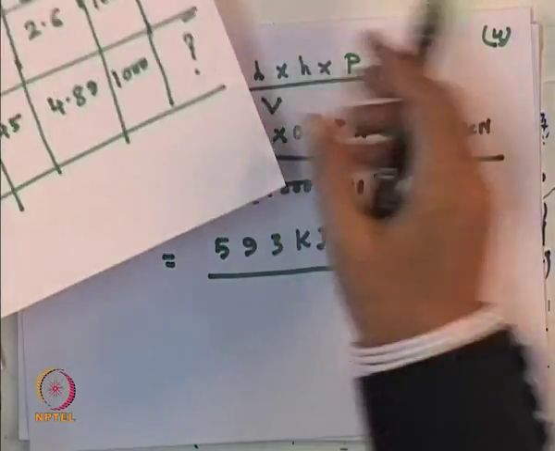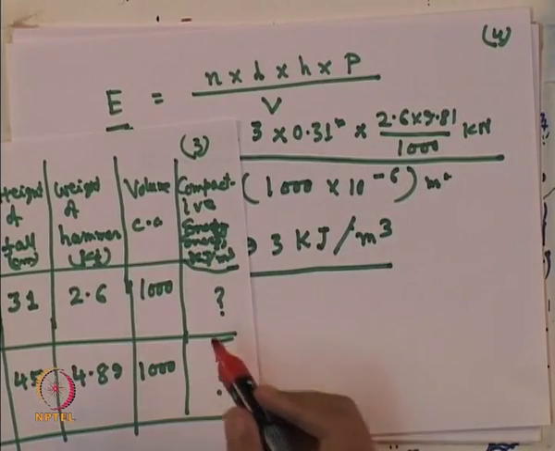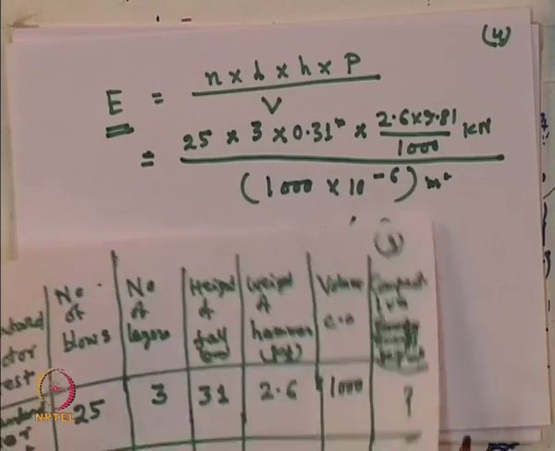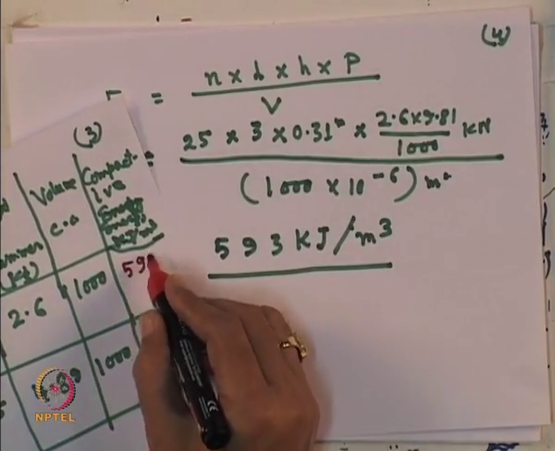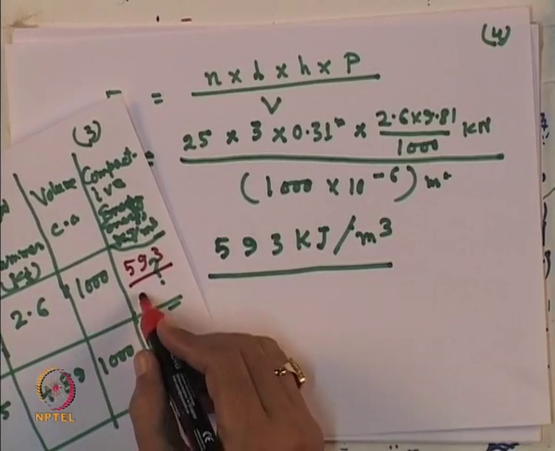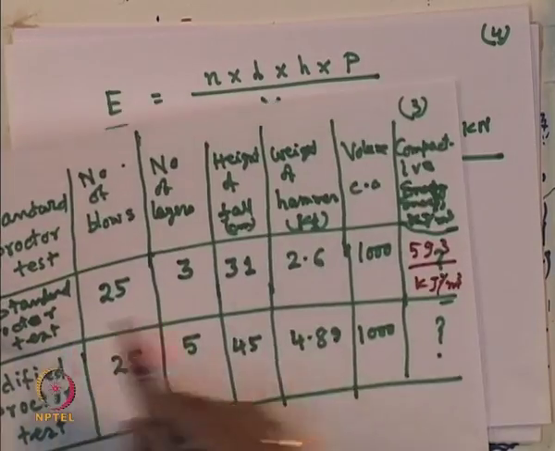So, here you can write 593, that is kilojoule per meter cube for the standard Proctor test.